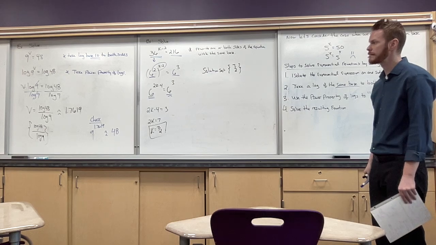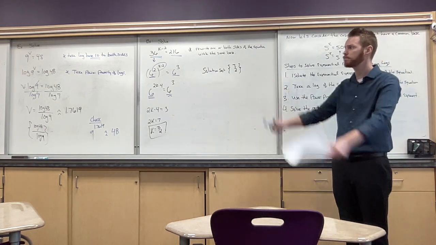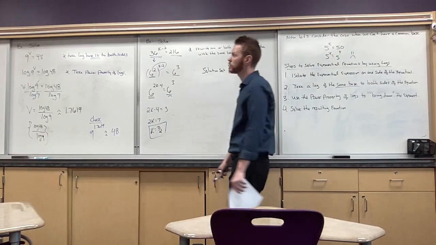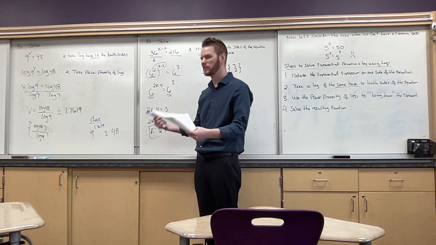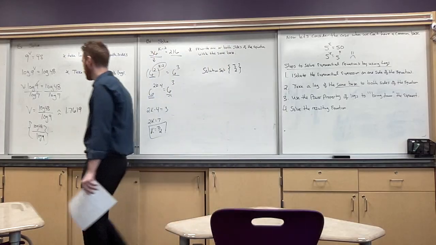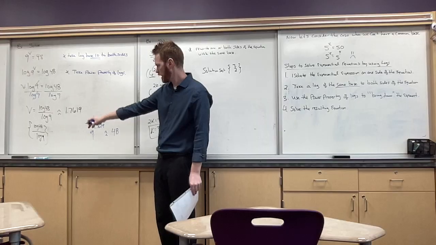Okay? Any questions on that, on how we did it? So again, I just took base log 10. Could you take the natural log to both sides and get the same conclusion? Absolutely. You just want to pick something that's easy to work with. And I tell you what, there's one more. So you see the 48 and 9?